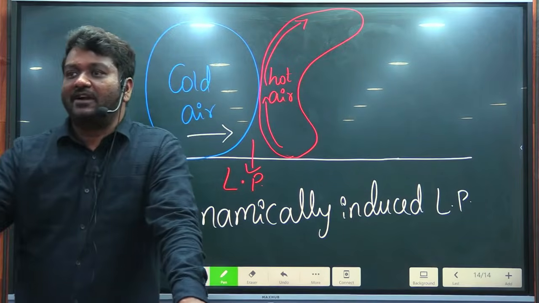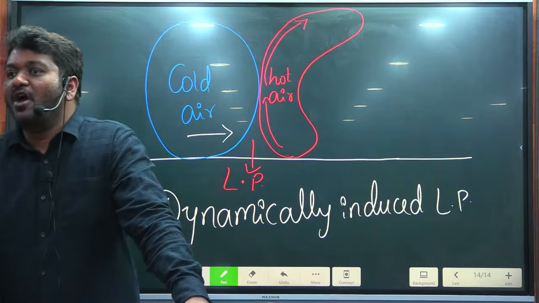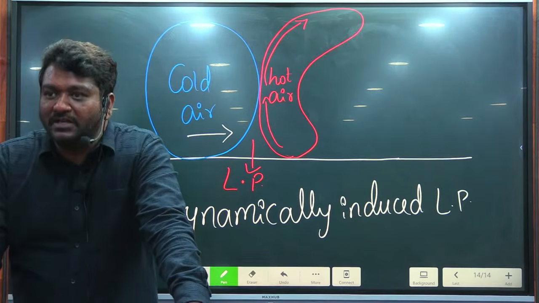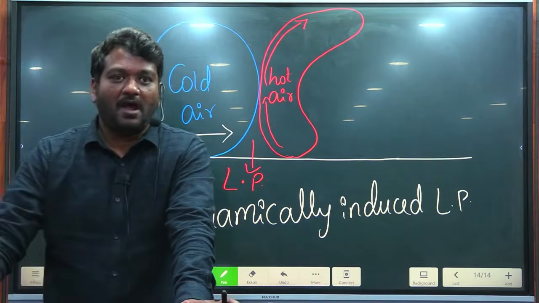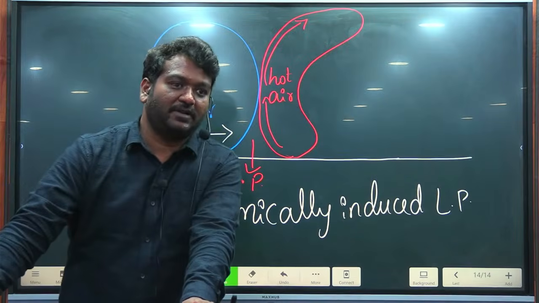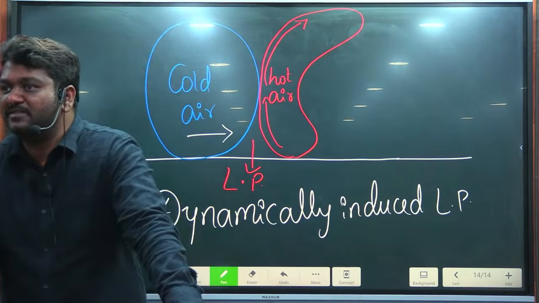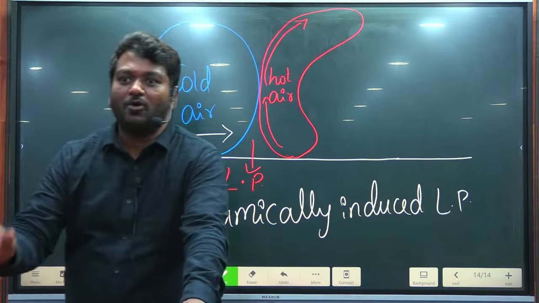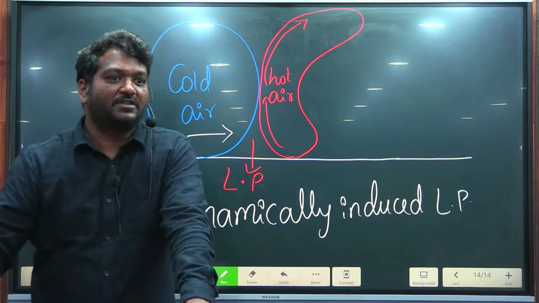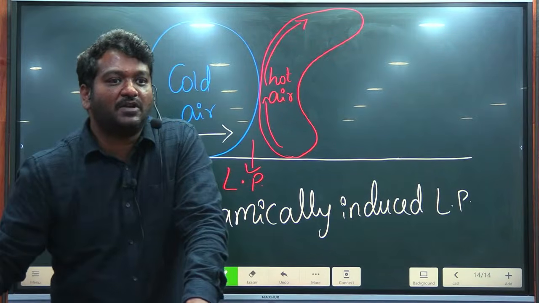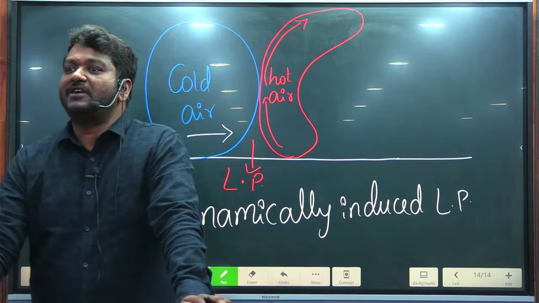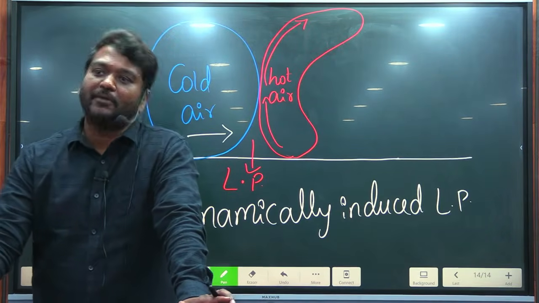Right? First we started with a very basic thing. More number of particles means high pressure. High pressure means high temperature. Less number of particles means low pressure. Low pressure means low temperature. Then we studied PV equals RT, where we said pressure is directly proportional to temperature.